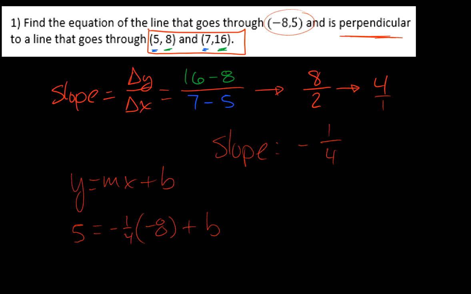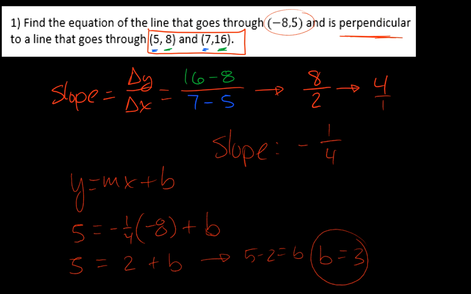As I plug values into this, the only thing I have left to find is this value of b. On the right hand side, -1/4 times -8 is going to be a positive 2. So 5 equals 2 plus b. When I solve for b, 5 minus 2 is b. So b, my y-intercept, sits at 3.